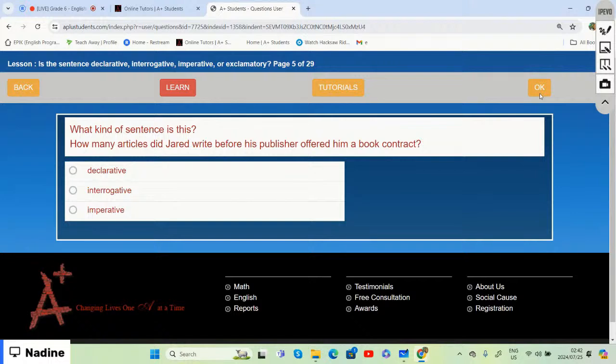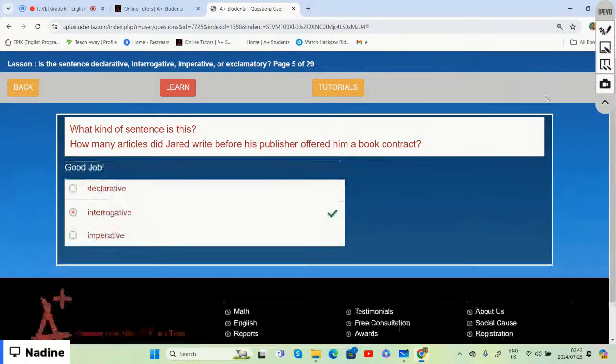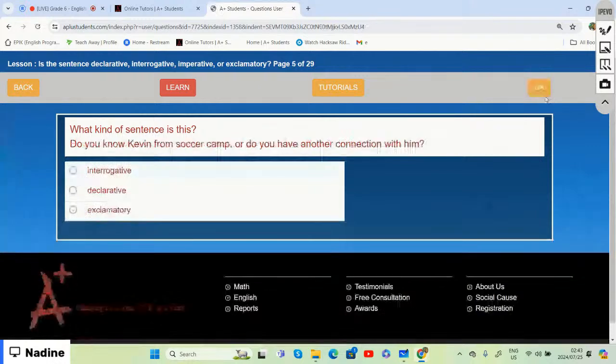And if we are going to choose the correct answer, then yes, we will choose option two, which is an interrogative sentence, because it ends with a question mark. So it's a question that is being asked.